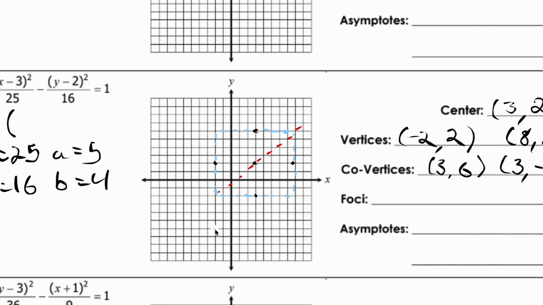Down 4, across 5. I think that point should work. Okay. And then in the opposite direction, this way, across 5, and then up 4. So about there.